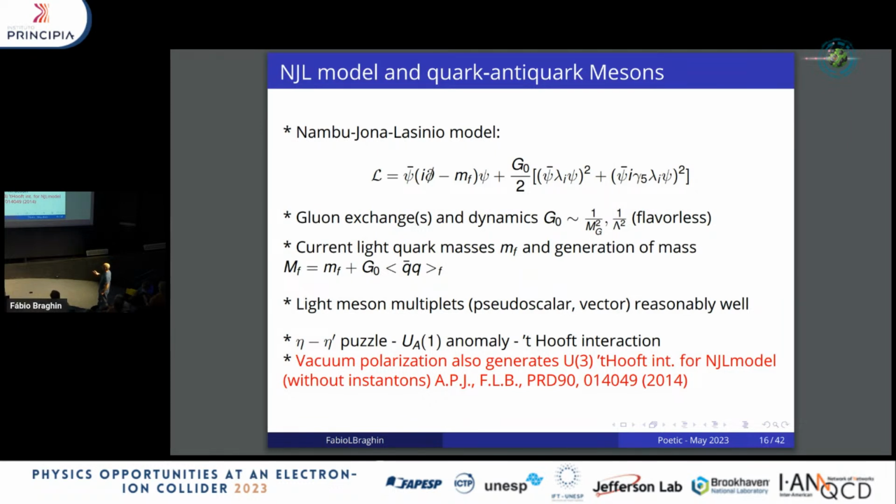Besides that, there is another mechanism that generates the same interaction. That's this vacuum polarization for the next term here. It also produces an interaction of the same shape without taking into account instantons, just by considering a one-loop calculation.